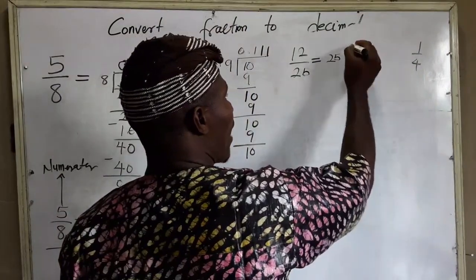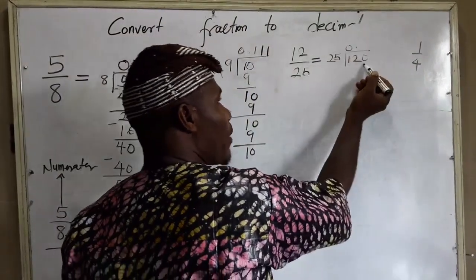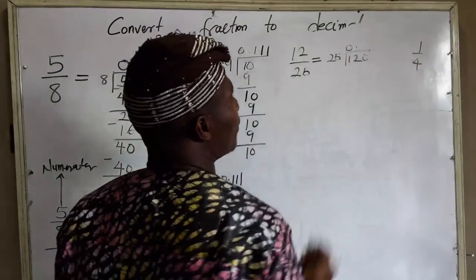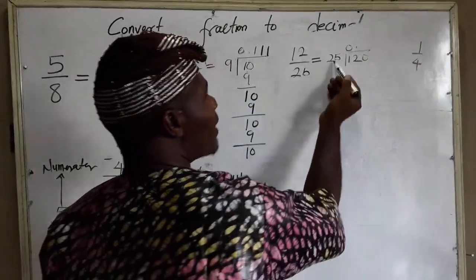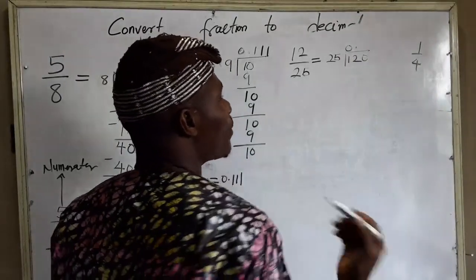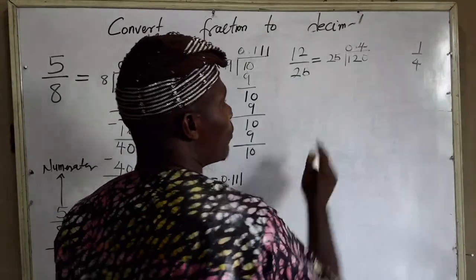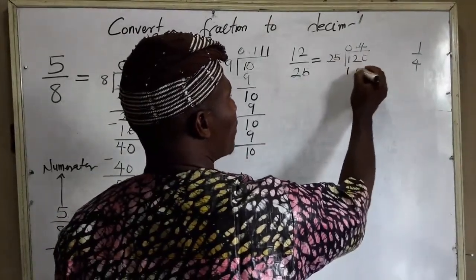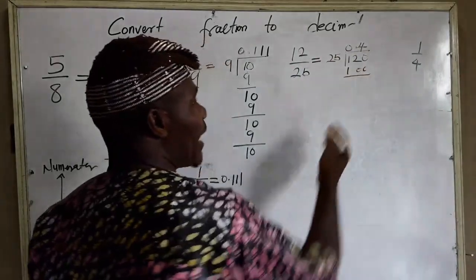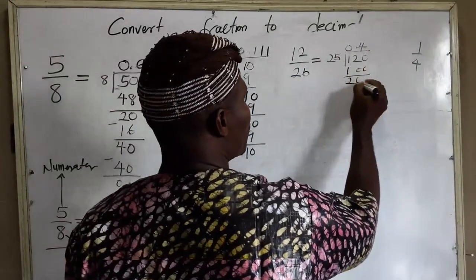You put 0. When you put 0 here, it will change to 0 point. So 25 in 120 will go 4 times. 25 times 4 is 100. Let's subtract, we have 20.